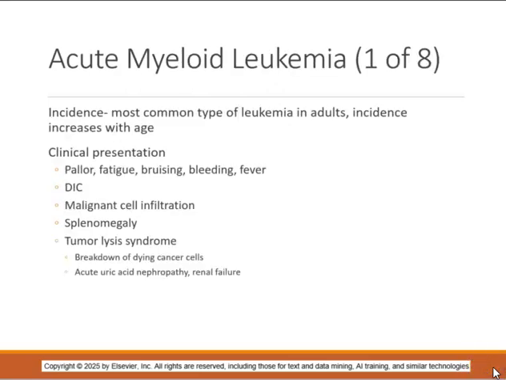Now, acute myeloid leukemia is more common in adults as opposed to children. Children is usually acute lymphoid. But the chances of getting AML, acute myeloid leukemia, increase as you get older. The physical presentations with most leukemias: tired, pale, bruising, bleeding, fever, what we were talking about.